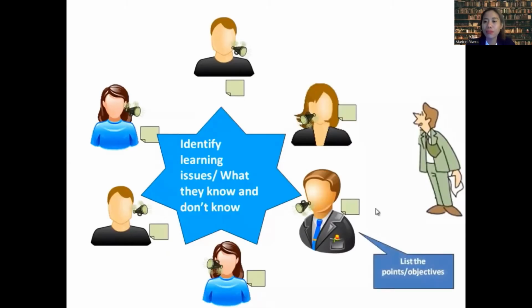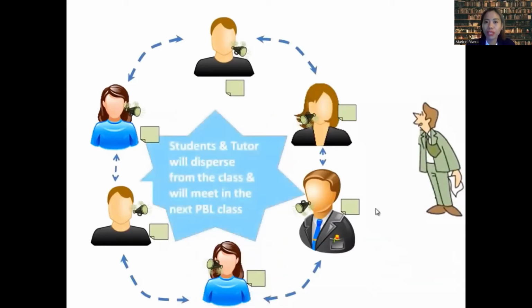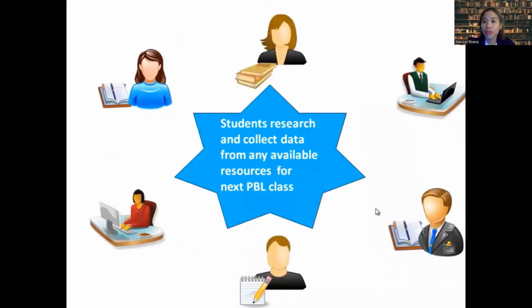They list the points or the objectives, and assign tasks to each team member. The team should go back, do the research, and get the answer. Students and tutor disperse from the class and will meet in the next PBL class. Students research and collect data from any available resources for the next PBL class.